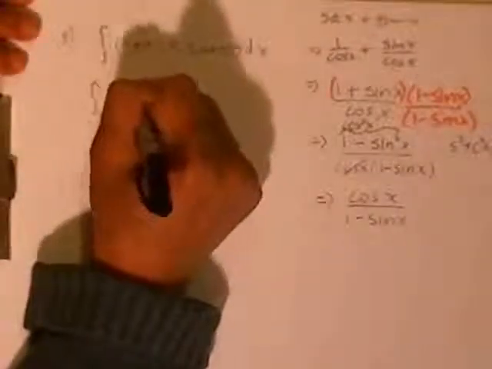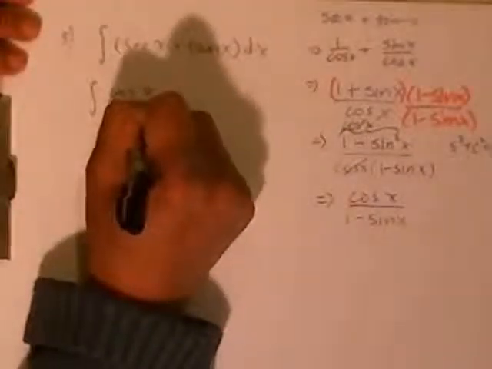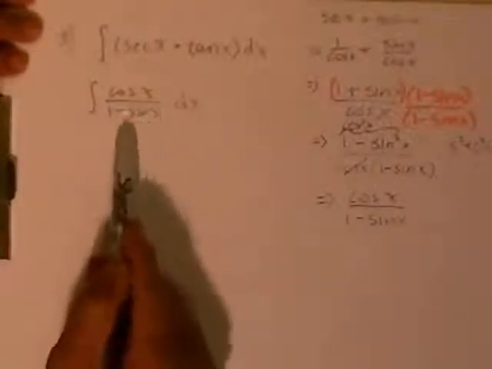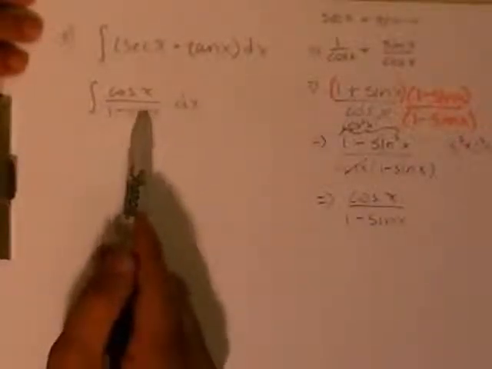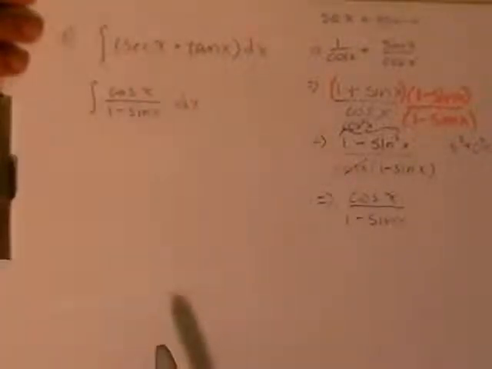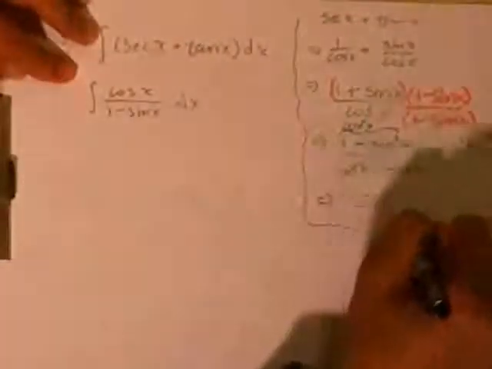That becomes the integrand. So we're going to take the integral of cosine of x divided by 1 minus sine of x dx. Now if you let the denominator be u, then the derivative of that is going to be negative cosine. So from here, it's a lot easier to work with.